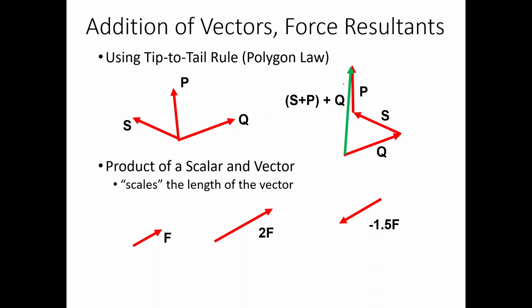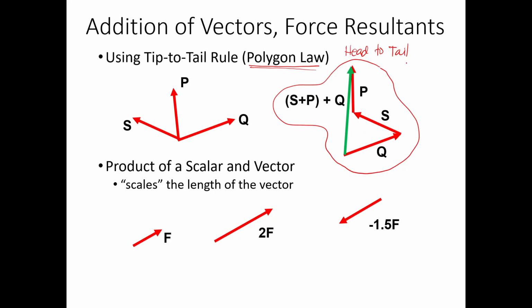Okay, so I think this is what I meant earlier. So from tip to tail rule, or the head to tail rule, head to tail. So in some books, it's called the Polygon Law, because if you are dealing with more than three forces, you might end up creating a polygon. So example of this one is this figure. So if you have three forces or more, what you will generate is a polygon.